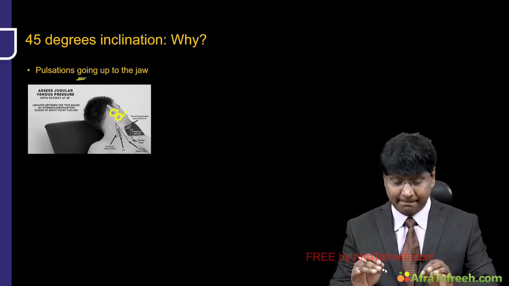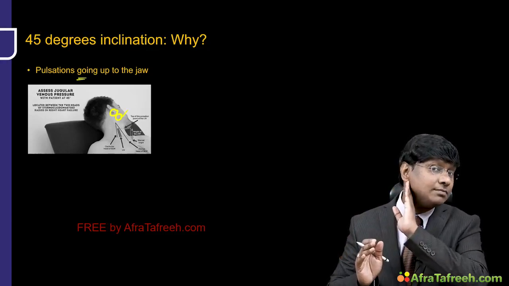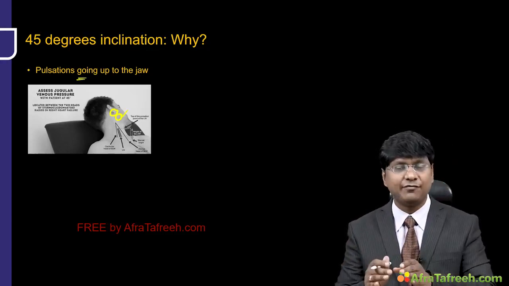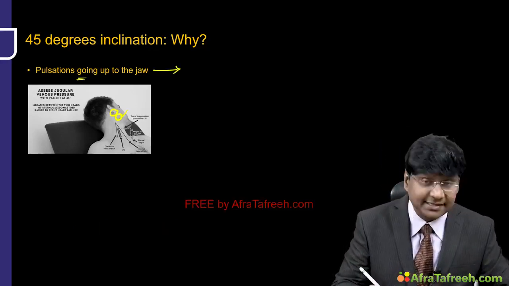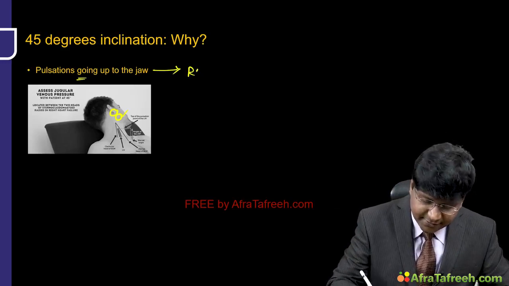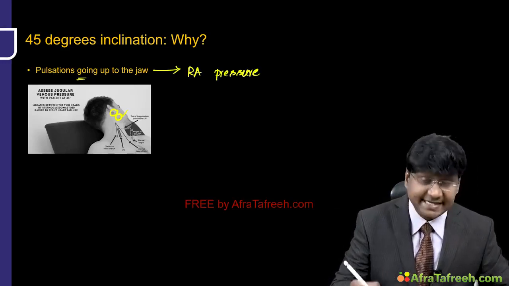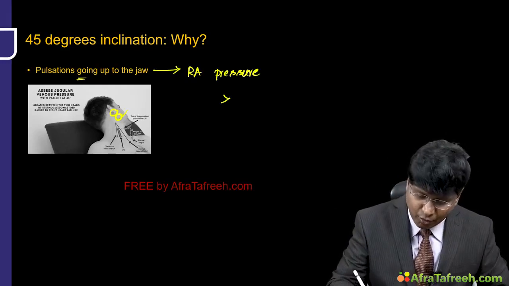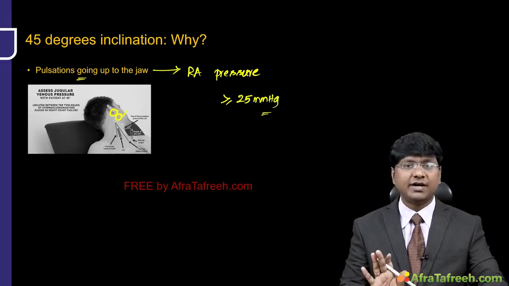When the pulsations go up to the jaw with the individual at 45 degrees or 90 degrees, that means the right atrial pressure is elevated to more than or equal to 25 millimeters of mercury. Okay, so this is one representation.